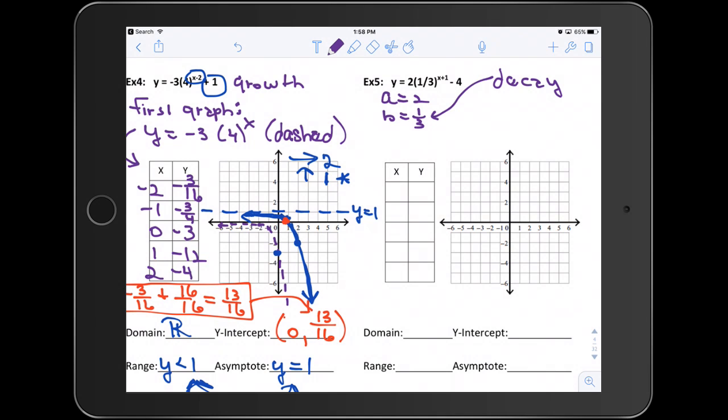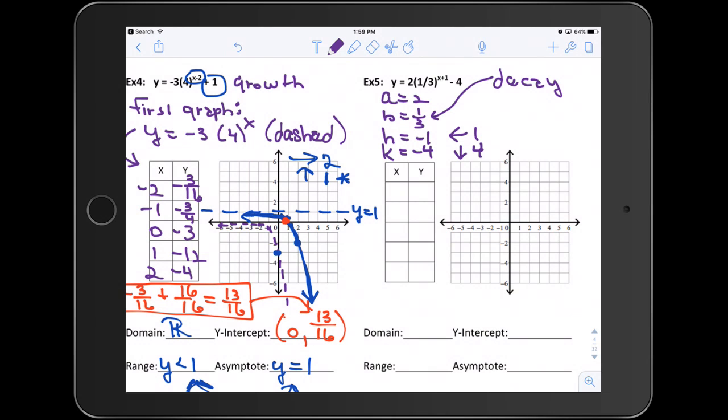The H value is -1, so we're actually going left 1. Don't forget, it's always the opposite of what you think. It's x plus 1, but it is shifting the opposite. It's not going positive 1, it's actually going -1. The K value is exactly what it looks like, which is -4, so that means you're going down 4 units.